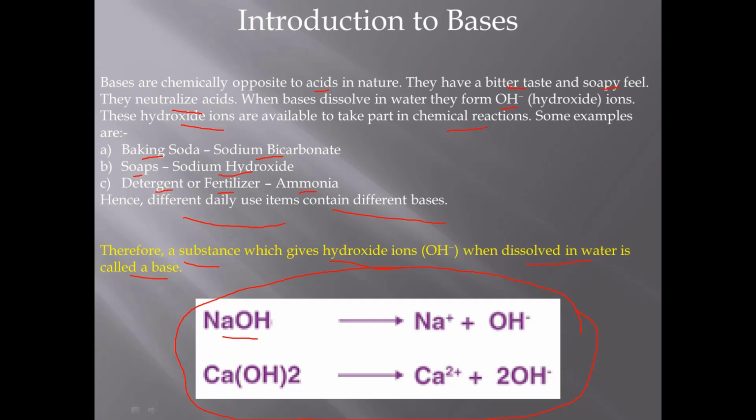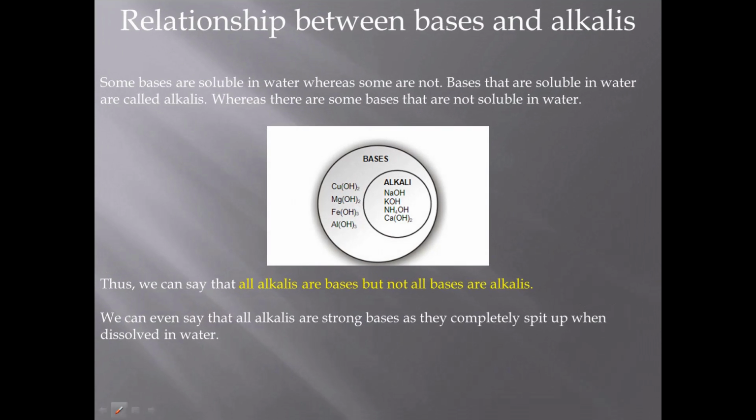The first one is NaOH, and when it dissolves in water, it splits up and forms Na plus and OH minus ions. The second one is Ca(OH)2, and when it is dissolved in water, it splits up into Ca2+ and 2OH minus.